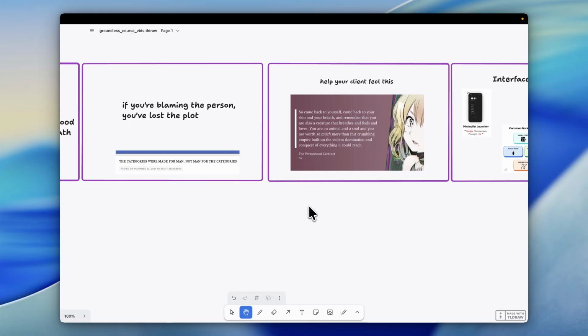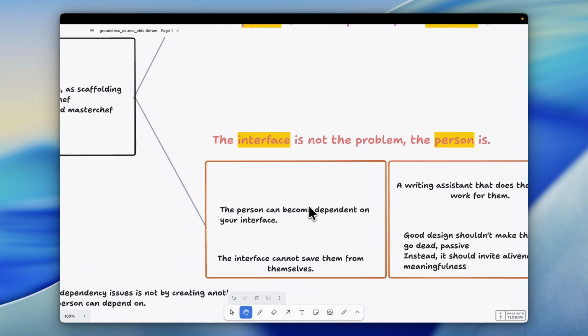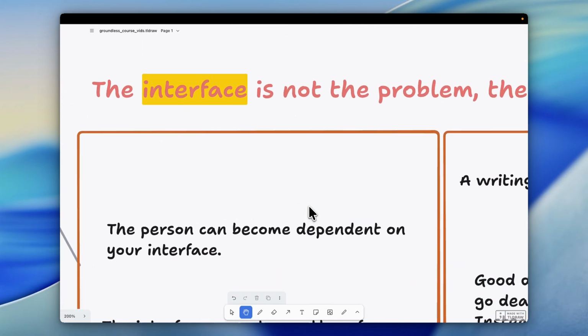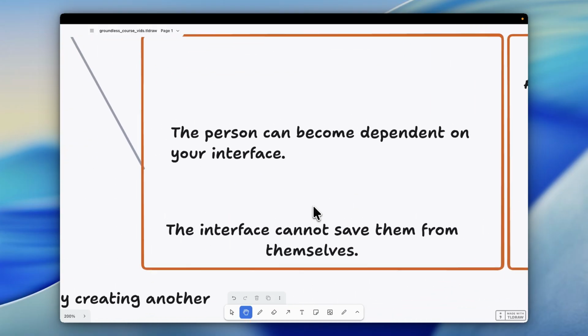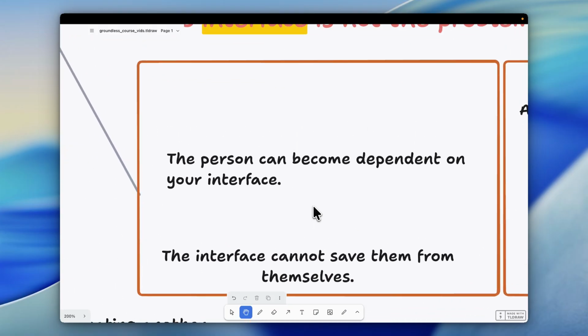Let's go to the final idea in this video. The interface is not the problem, the person is. So to balance the previous idea about interfaces having influence, you can take that to the extreme and forget that the person also has influence and make the interface parasitic.